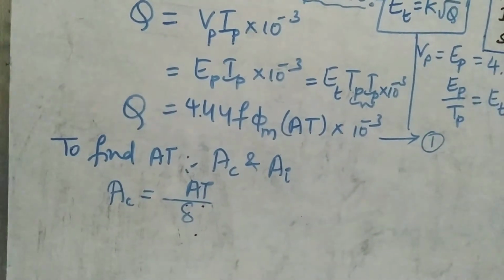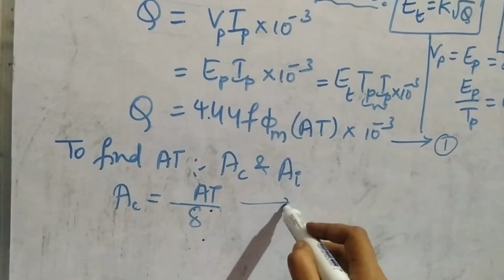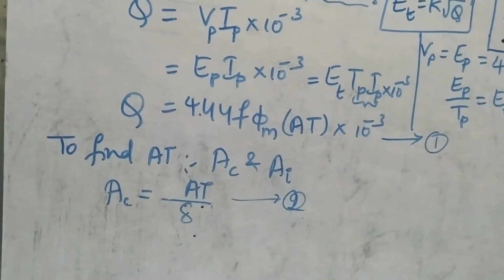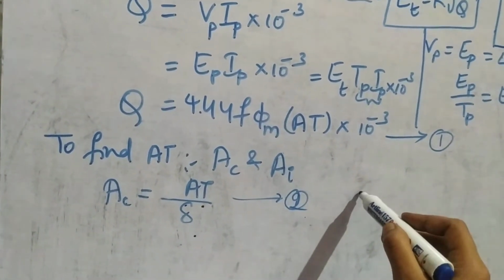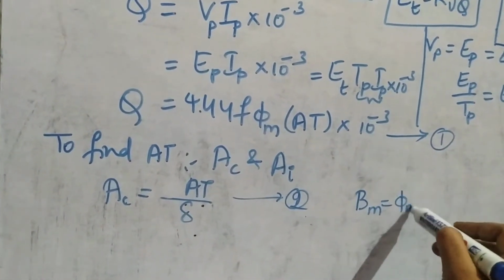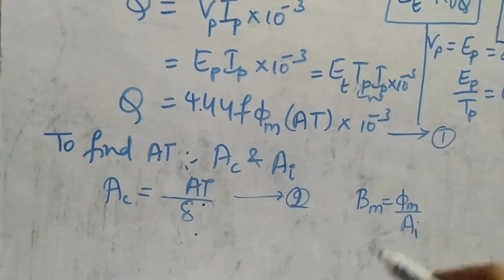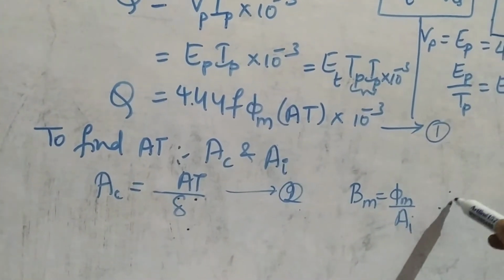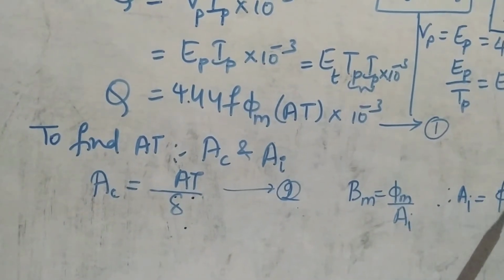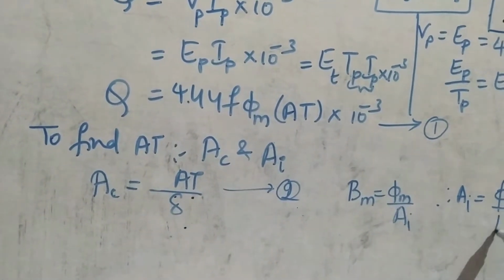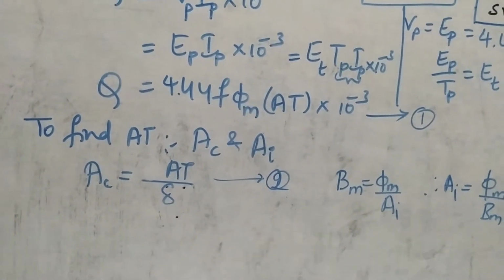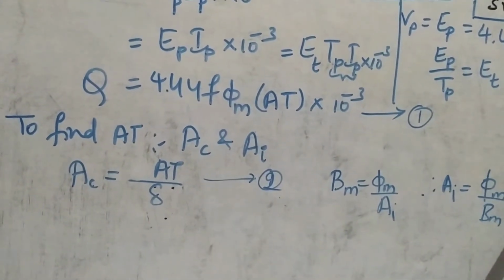So that will be equation 1, or rather equation 2. Next, coming to AI: flux density is equal to flux by area. So AI is equal to flux divided by flux density. That will be equation number 3.